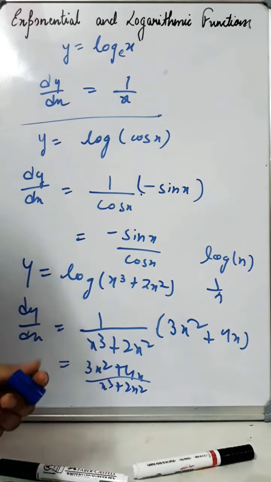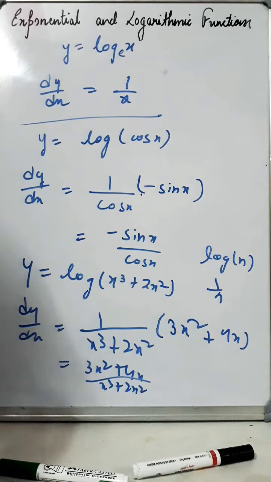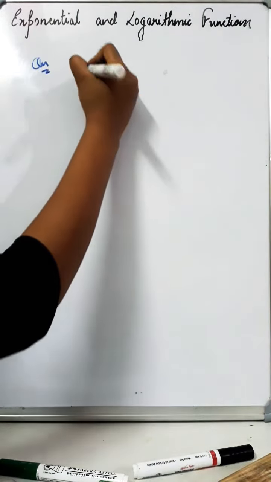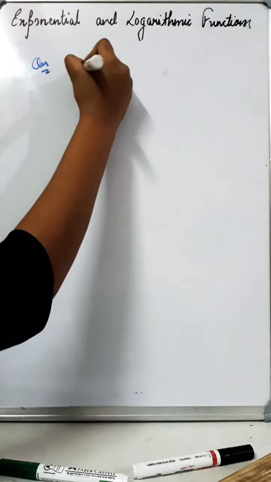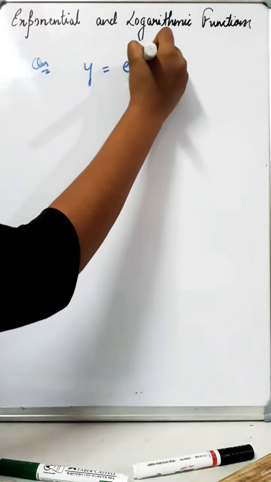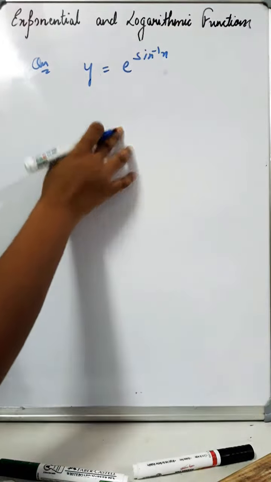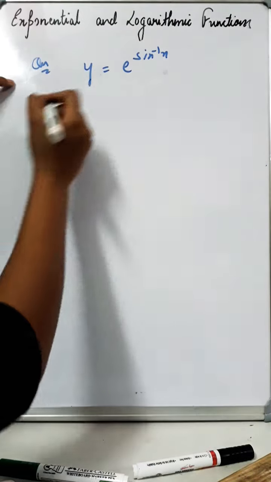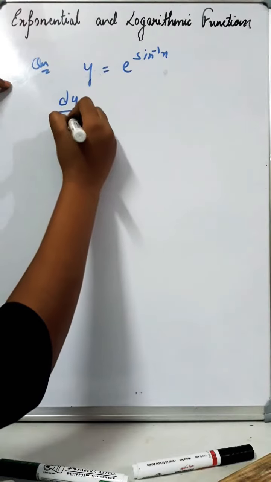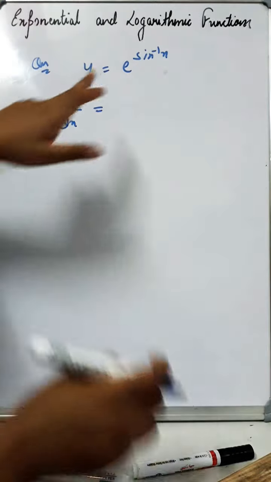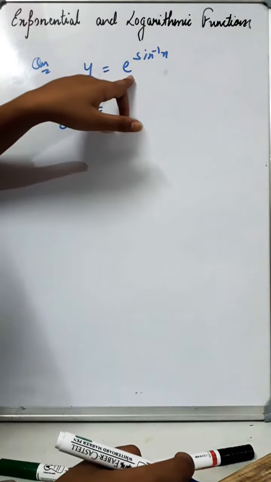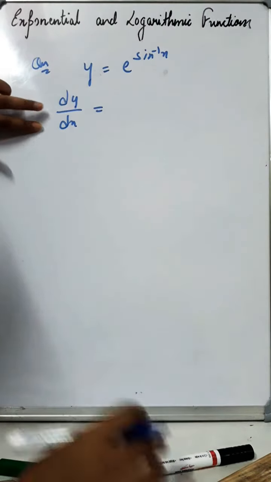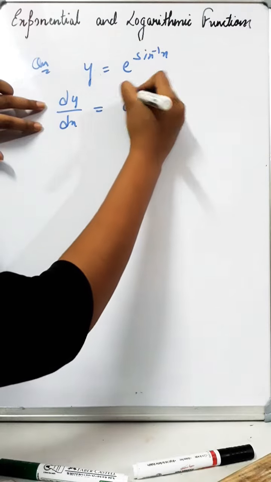Now let us discuss some questions from exercise 5.5 of NCERT. Okay, look at this question. y is equal to e to the power sine inverse x. Alright, and you have to differentiate this. You have to find the differentiation with respect to x. So dy by dx, since it is an exponential function, e raised to the power something, first the derivative will be e raised to the power sine inverse x.